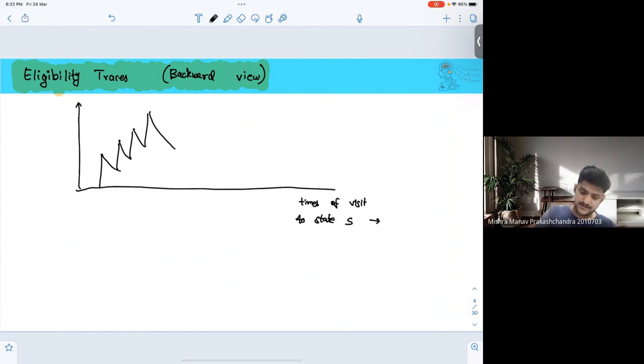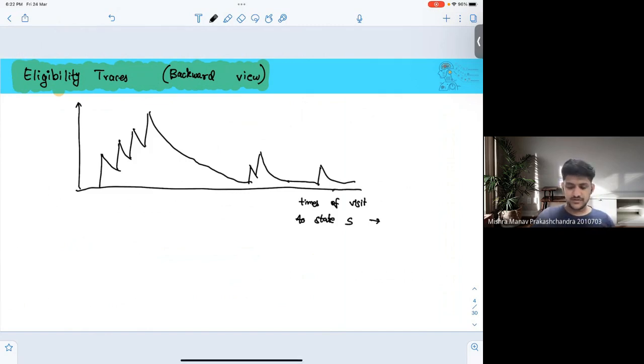Okay, and then it goes to decrease, and the moment I see something, I update, and then here one more update, and so on. Okay, so now this represents the number of times I have visited each state in here.